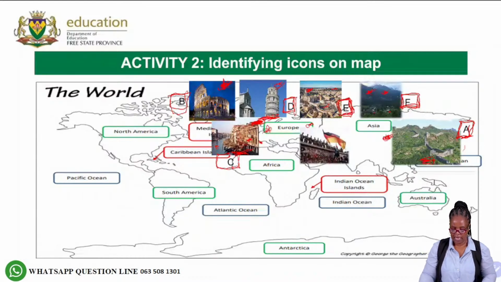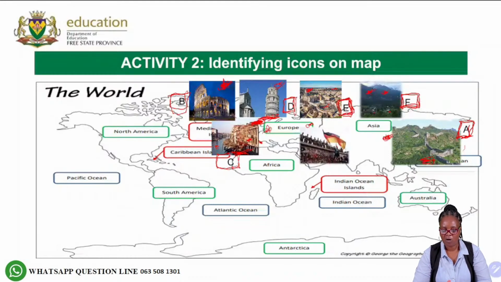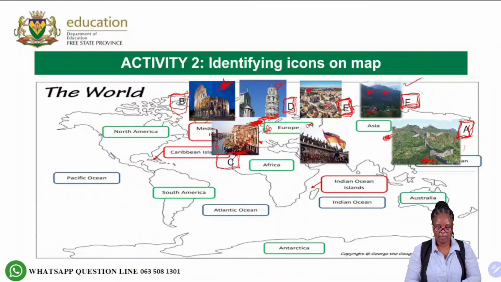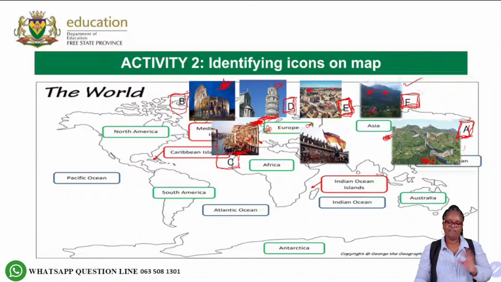What is the name of this icon, number F? The one which is having lots of trees, lots of mountains, lots of towns and villages. If you have Black Forest, you are right. This is Black Forest. So you must be able to identify different icons on the world map.